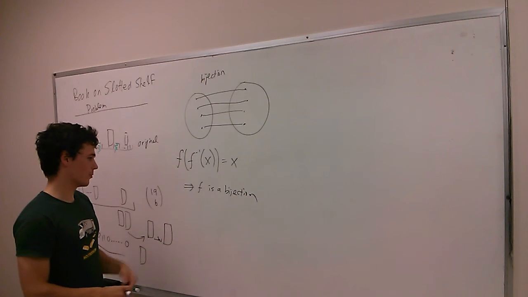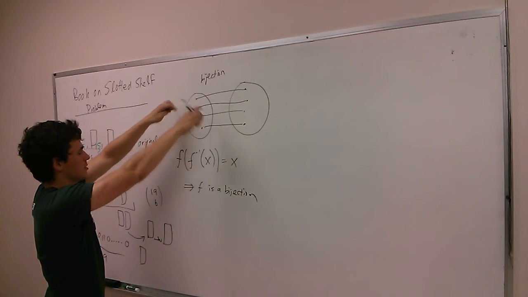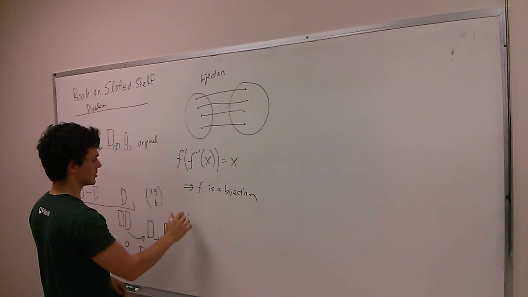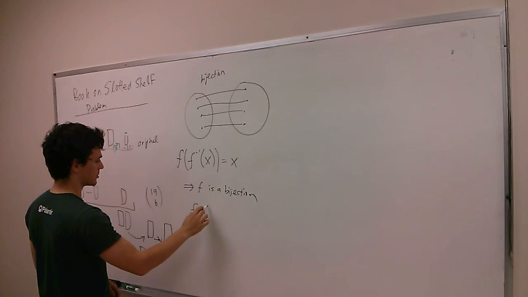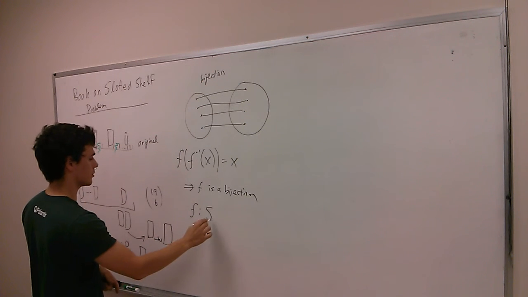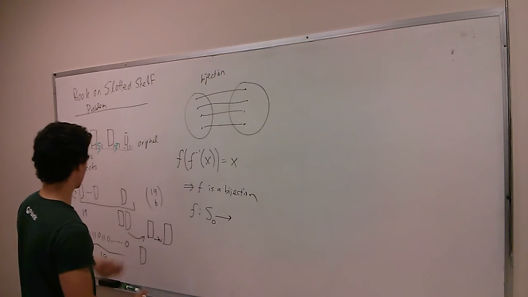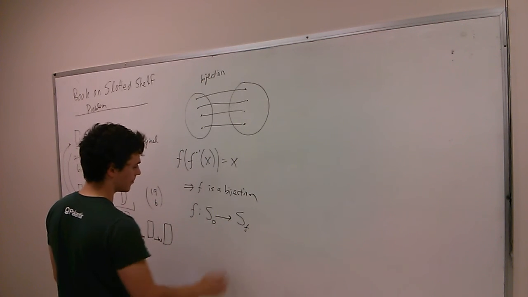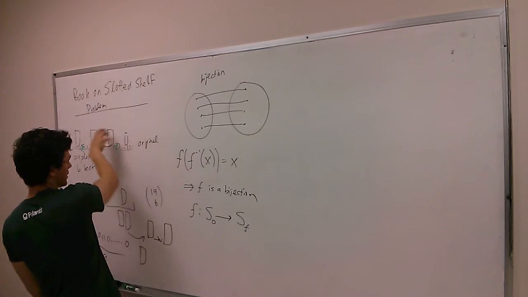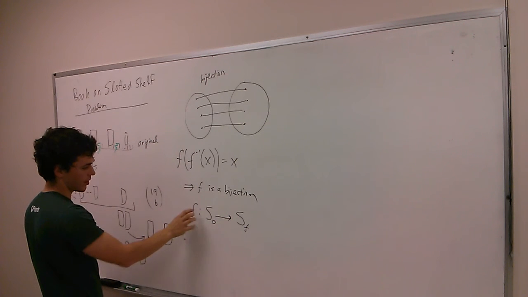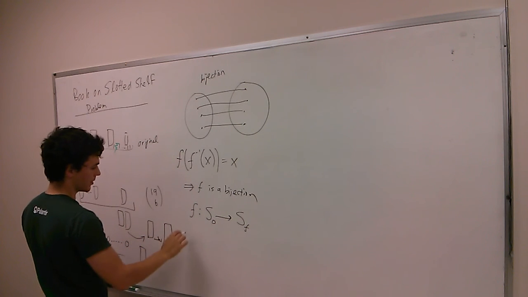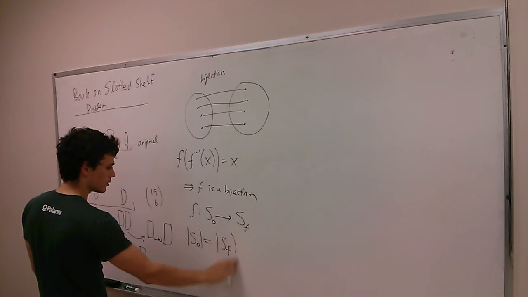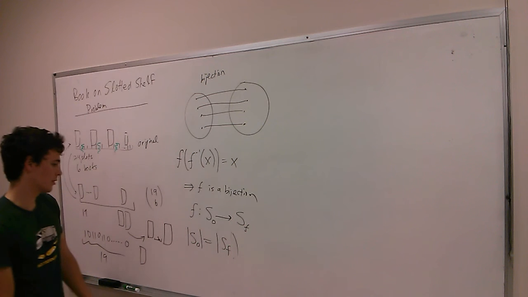And so once you have a bijection, once you have a pairing of these, if f is a bijection that maps, let's call this the original to, I don't know, this is the final, right? This is a set of these cases, and this is a set of these cases. If f is a bijection, then the sizes of the sets are equal.